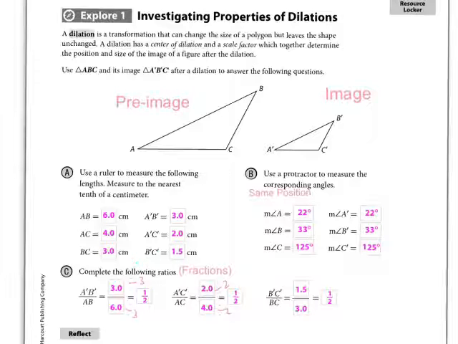B prime C prime is 1.5, and BC, which is the bottom, is 3. So this is 1.5 divided by 3. Now, you can divide both of them by 1.5. Think of $1.50. There's $1.50 in the 3.